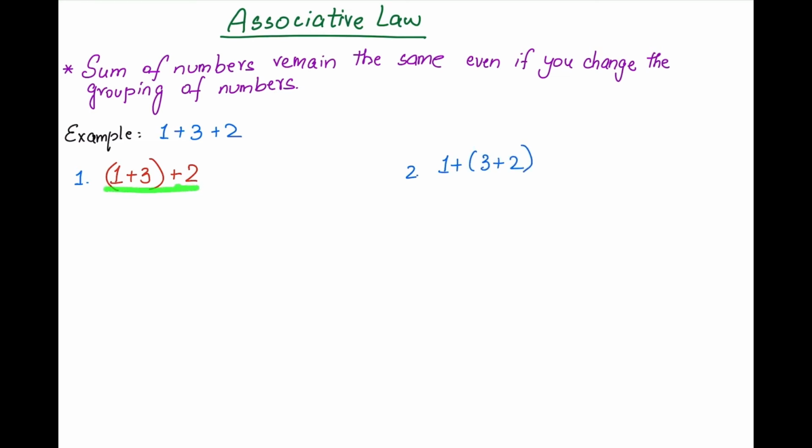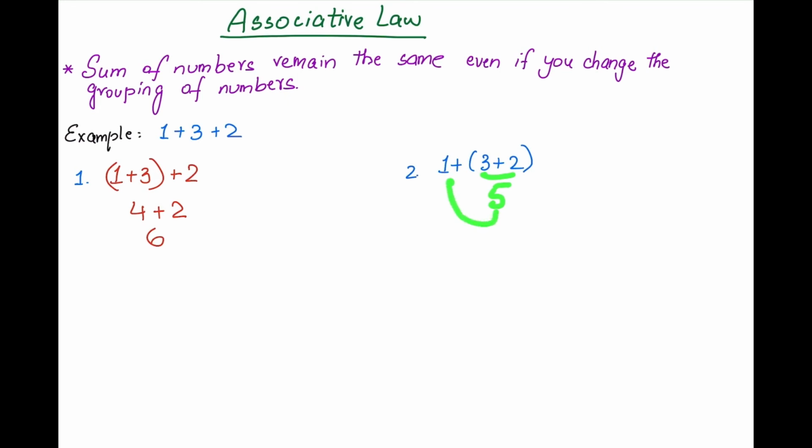Now we will solve this example first. So how will you solve it? You will first add 1 and 3. 1 plus 3 is 4. So you will write here 4, and then you will add 2 to it. 4 plus 2 is 6. Okay? In this example, you will first add 3 and 2. 3 plus 2 is 5.